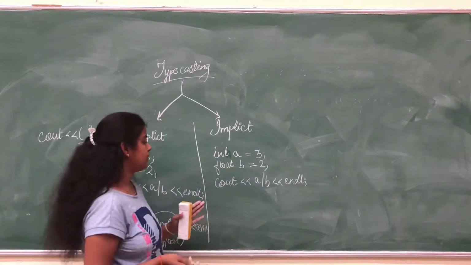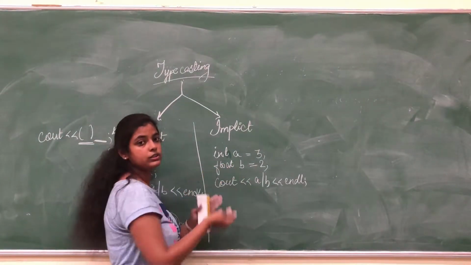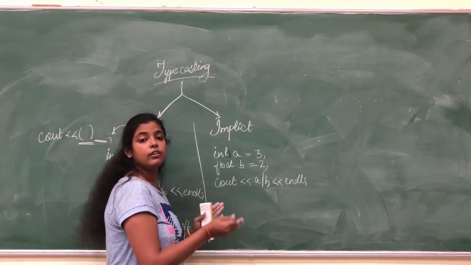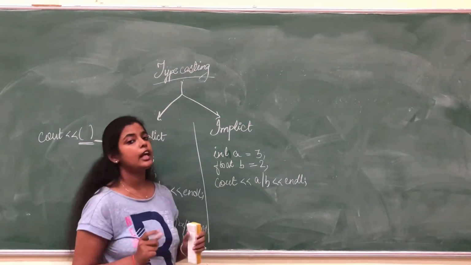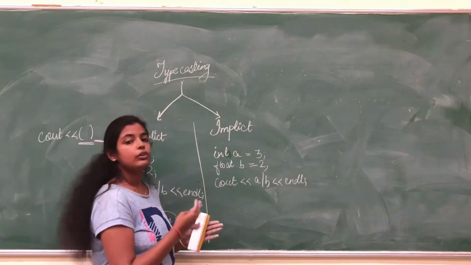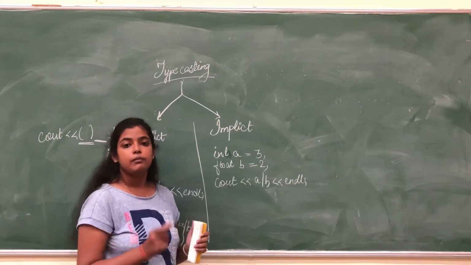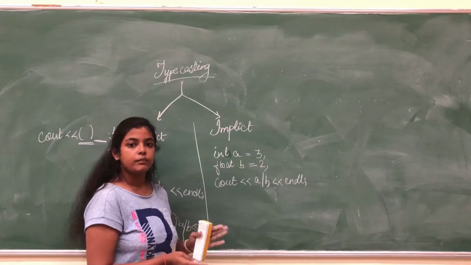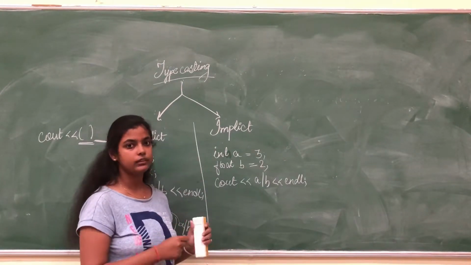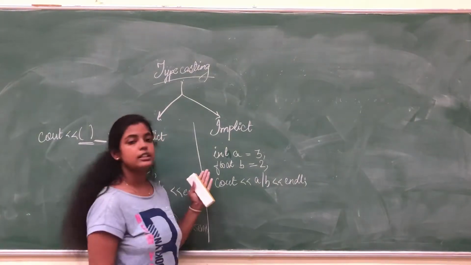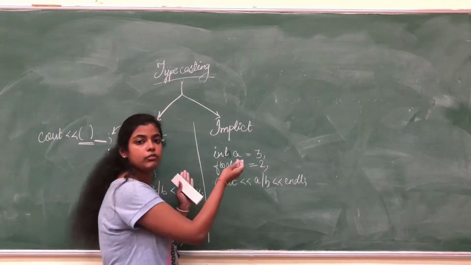A is int and B is float. So now the computer will decide what the data type of the output should be. For that the computer has a priority list. Basically, the priority list is based on memory. The more the memory, the more the computer will select it as the data type of the output. Here float has greater memory as compared to int, so the output will be in float.